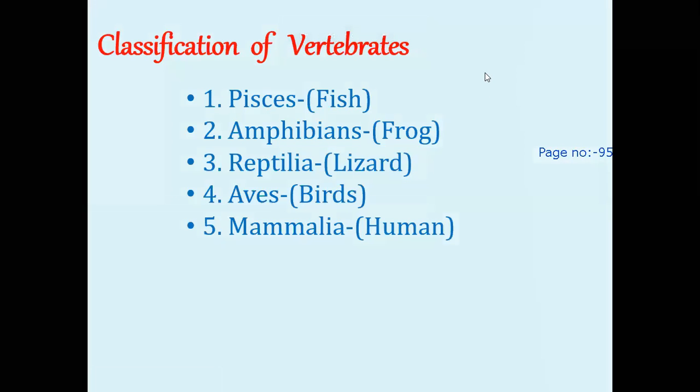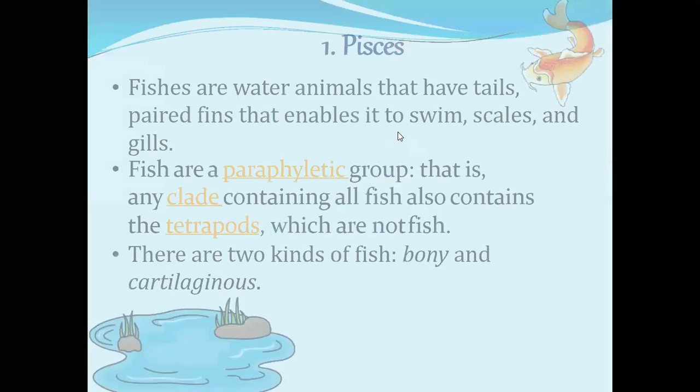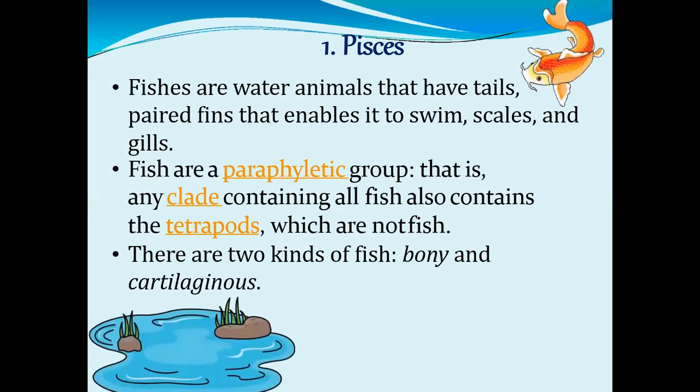Then first come fishes. Fishes means the fish group. We know the physical structure of fish, and by considering the fish we can say some physical characteristics of this group.